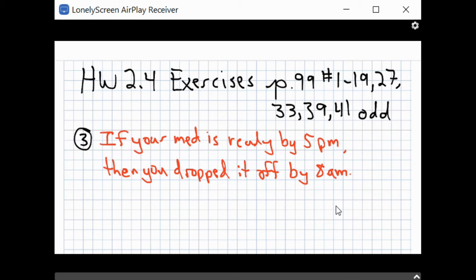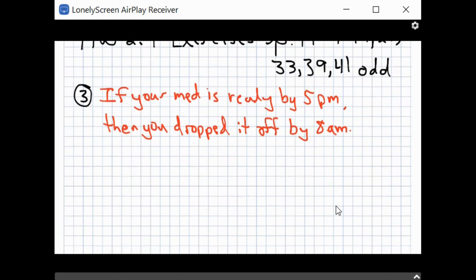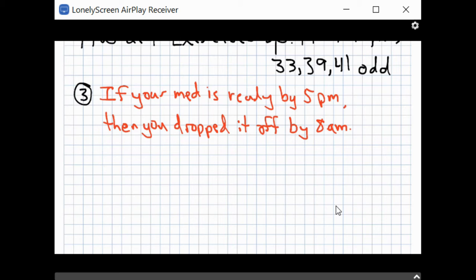Alrighty, so then the converse of that would simply be to switch it. So we're just going to take the drop off and the readiness and swap those two. So if you drop off your prescription, well, let me just write it the same way I wrote it above.